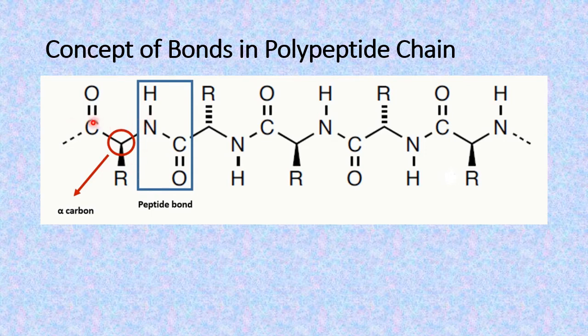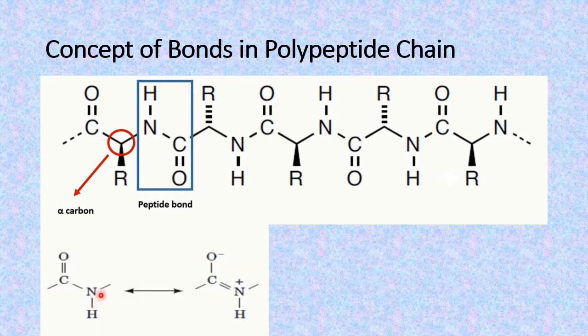Along with these two groups, there's the side chain R, and of course, the hydrogen is also attached to this alpha carbon. So, at the time of translation, the peptide bond is formed between the amine group and the carbonyl group of these two adjoining amino acids.